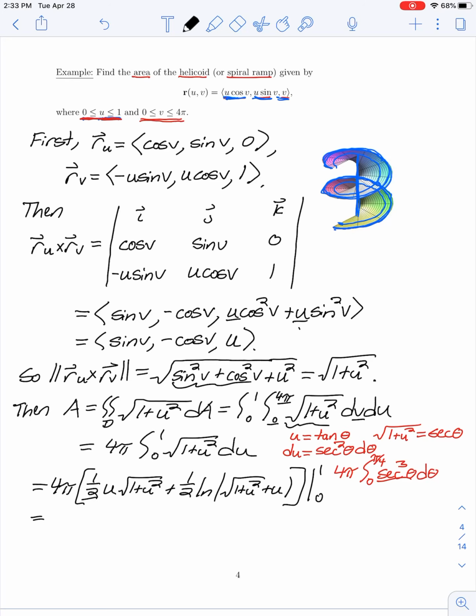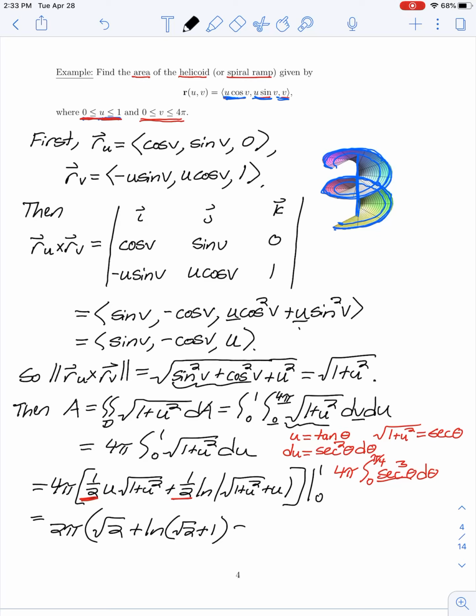My first step, I see that both of these terms involve a factor of 1/2. So if I pull out a constant 1/2 with my 4 pi, that gives me 2 pi times, let's see what we get when we plug in 1 for u. We would have 1 times the square root of 2, which is root 2, plus the natural log of root 2 plus 1, which is positive, so I can lose the absolute value for that logarithm term.